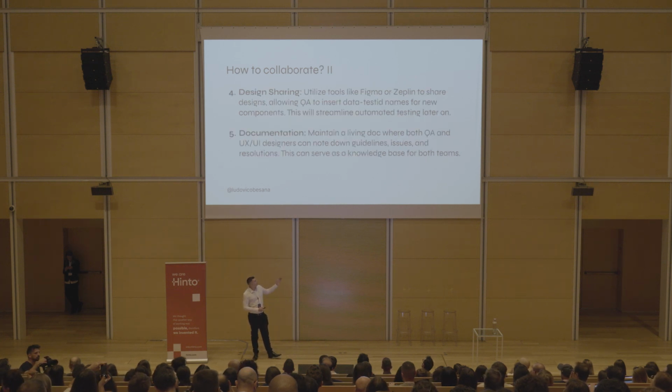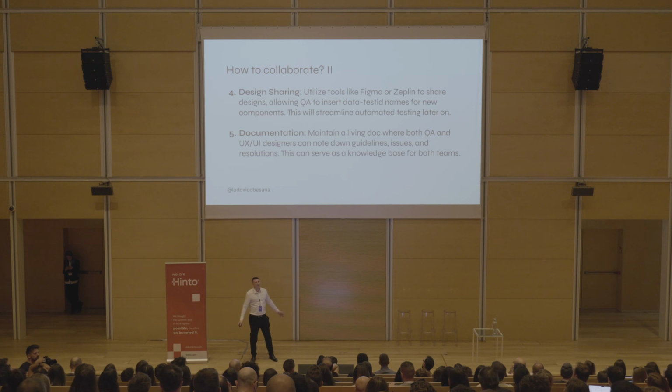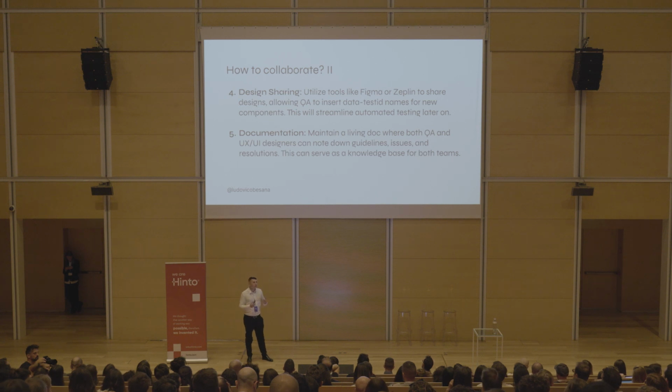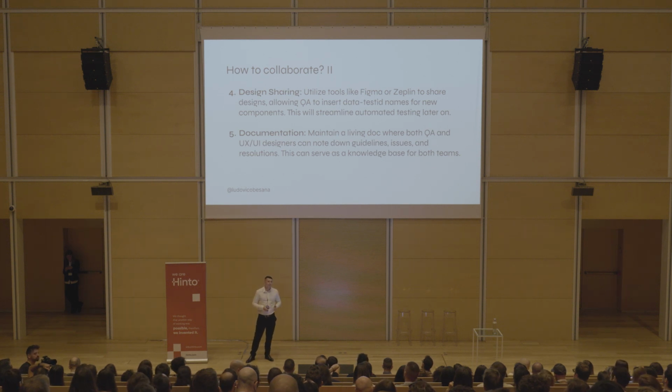Design sharing is important because one of the activities of QAs can be automation testing, and nowadays all companies want automation everywhere. Letting a QA access the Figma design at an early stage allows them to insert data test IDs, custom attributes that help a lot during the implementation of the automation.